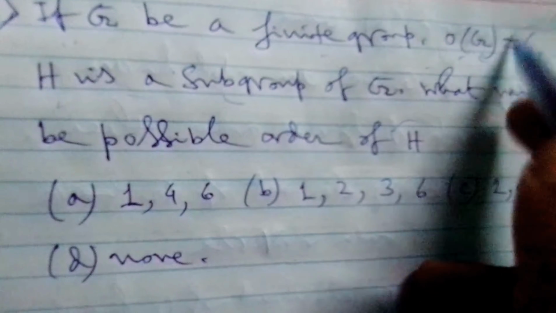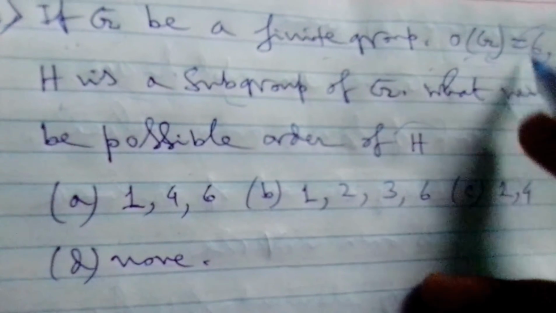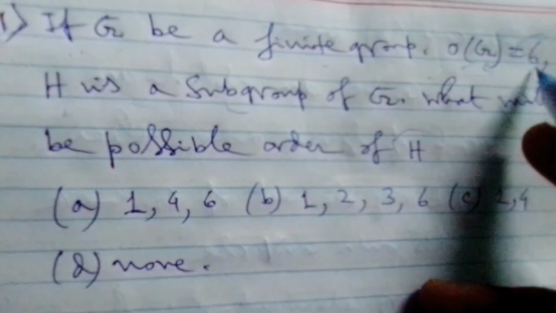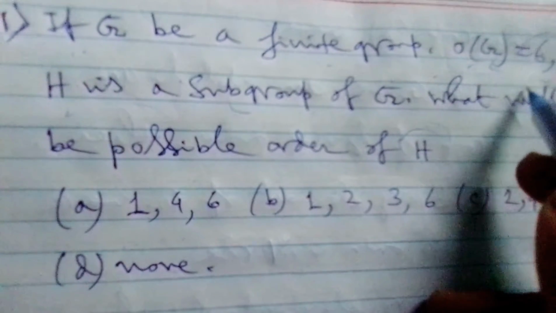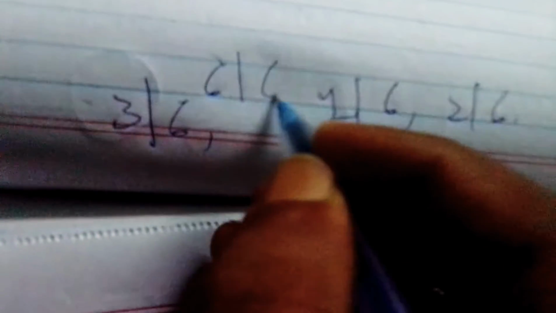Then we factorize 6. What will be the factors of 6? 1 divides 6, 2 divides 6, 3 divides 6, 4 doesn't divide 6, and 6 also divides 6.